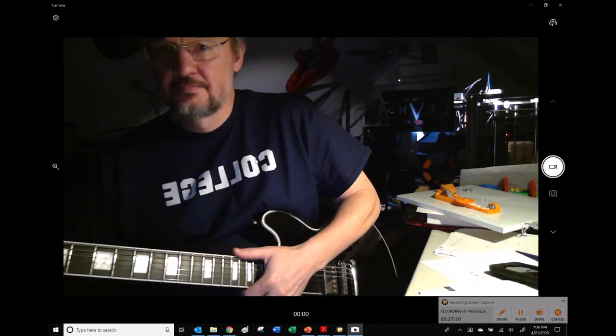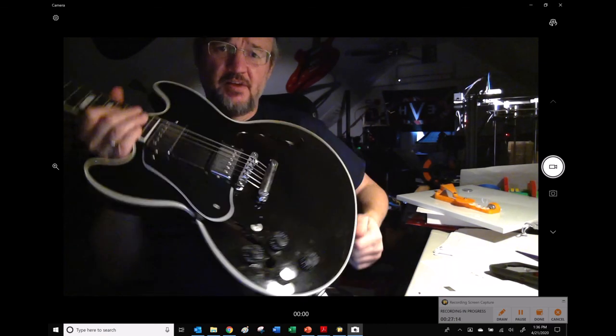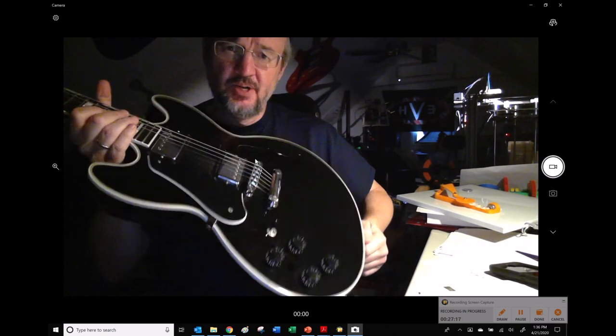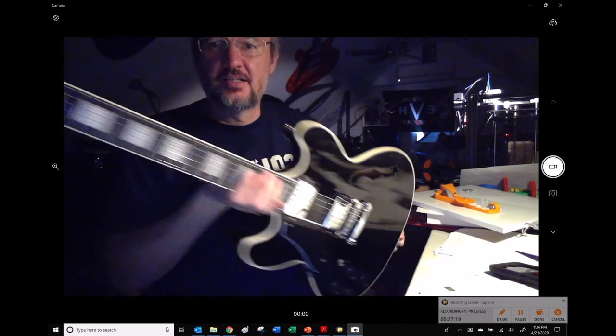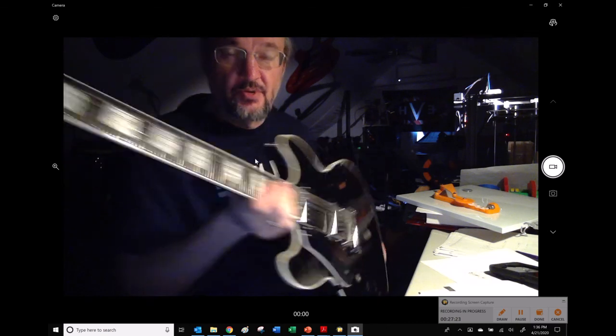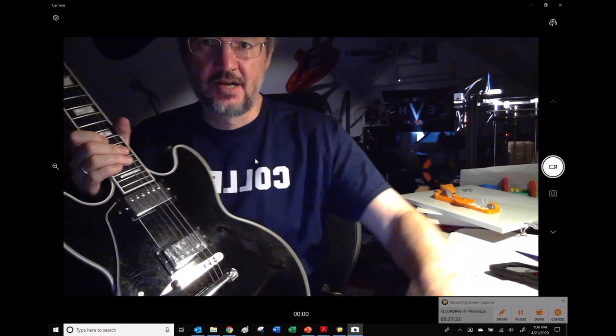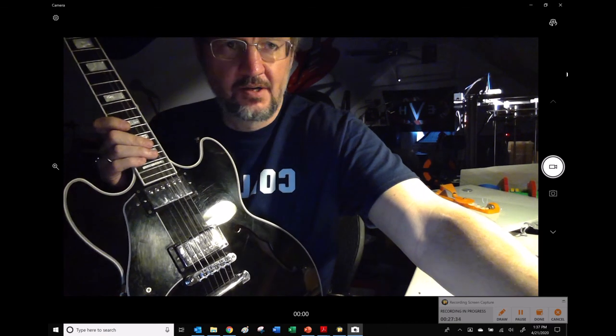There you go. More guitar stuff. It's black too. It's one of my favorite colors for a guitar. This is a nice guitar. I like this one. I like the 335 probably better. It's got more mojo to it. But this was not that expensive. Relatively speaking, it was probably a $1,500 guitar, as opposed to the 335, which is now a $3,000 or $3,500 guitar.